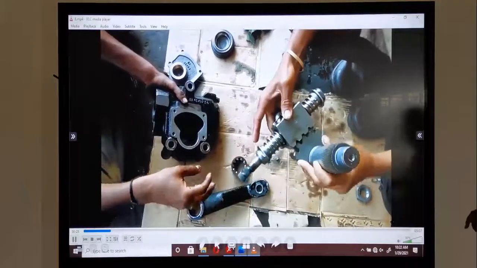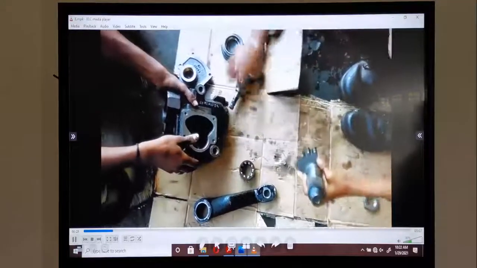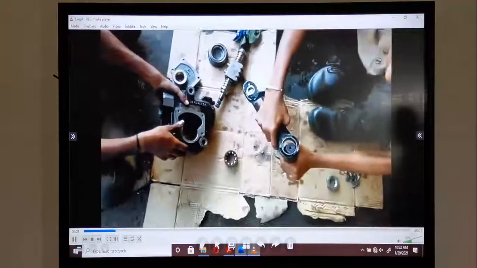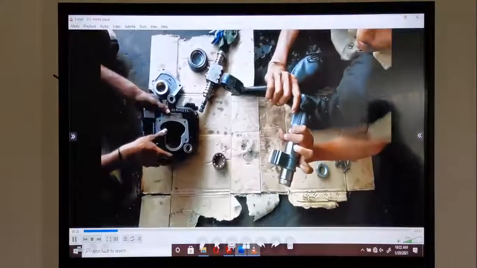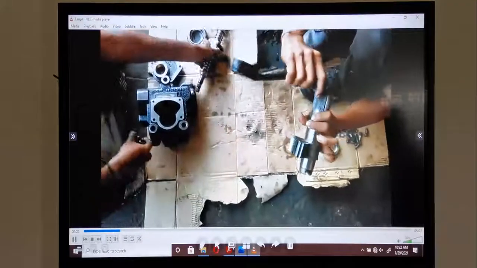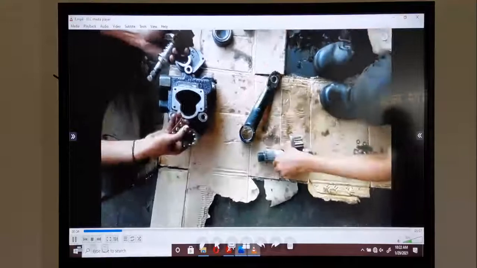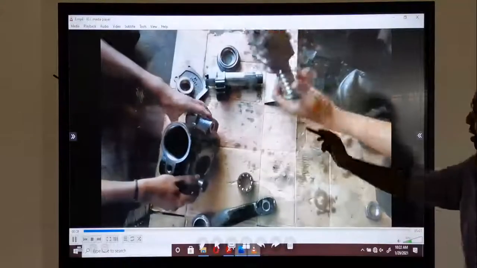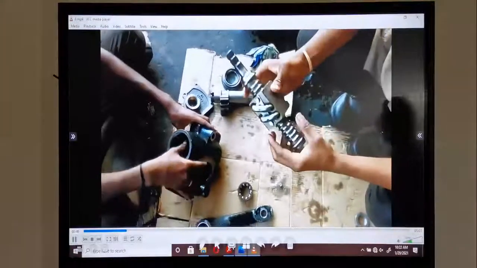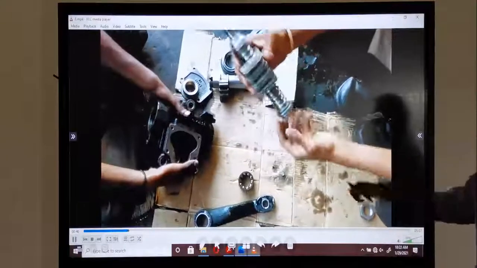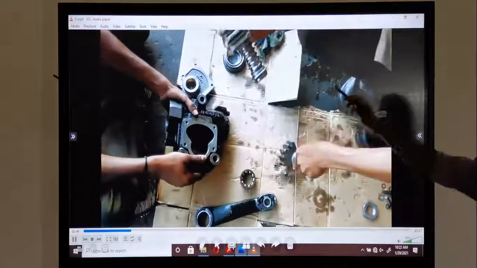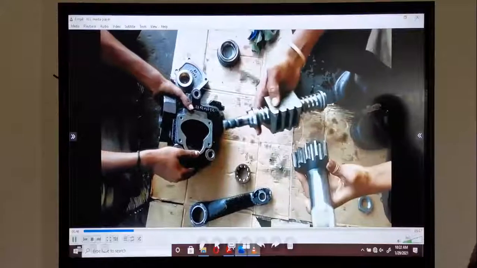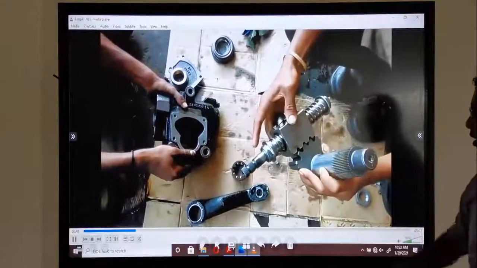You can see how it moves. This is the pitman arm. Those are the bearings on both sides. So this worm gear shaft is fixed. Only this ball nut drag moves on the worm gear.